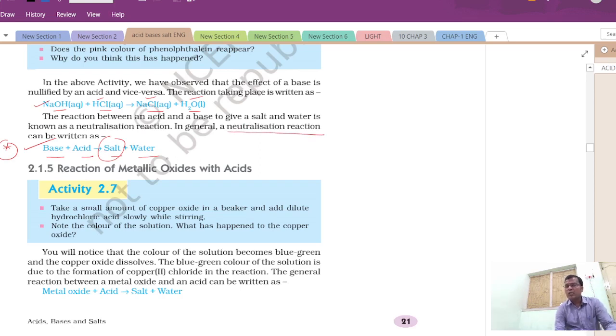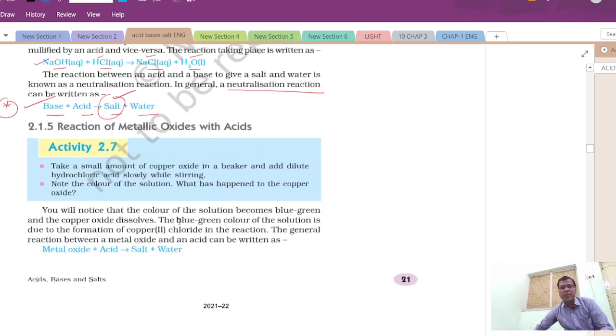Why is it called a neutralization reaction? Because in this reaction both the base and the acid lose their individual properties and form an entirely different compound, and the property of the compound is entirely different from the base and acid.